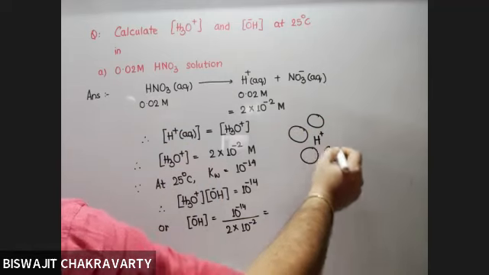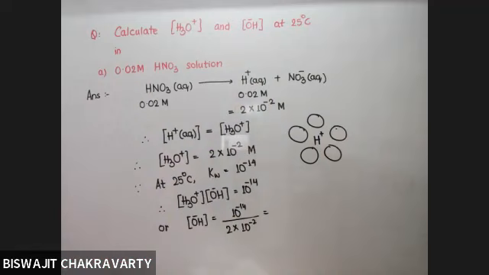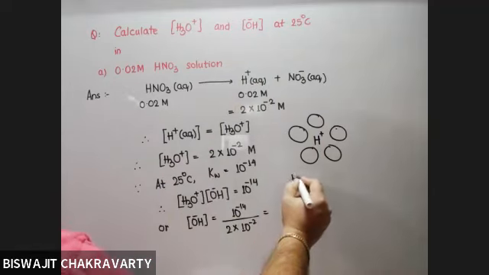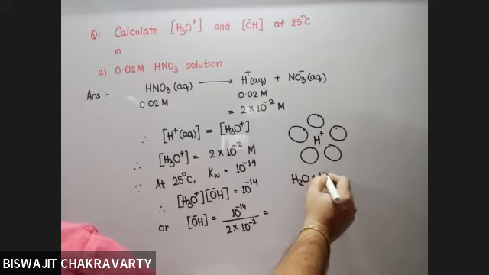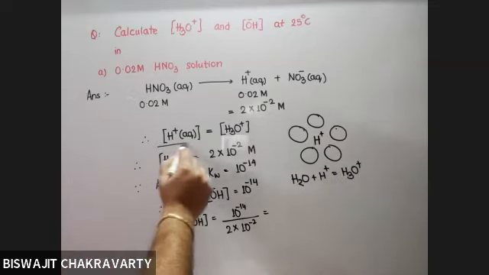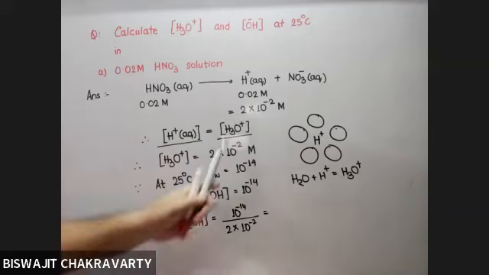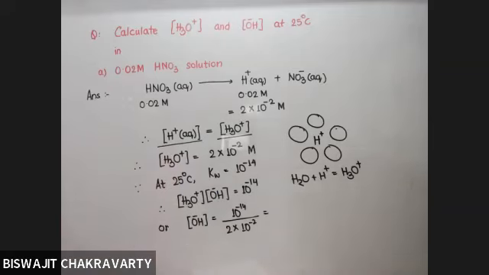H+ and water together form H3O+. So writing H+ aqueous and writing H3O+ are the same thing. H+ in water is H3O+. In some books you will write H+ aqueous, in some books you may get H3O+, but both are same.